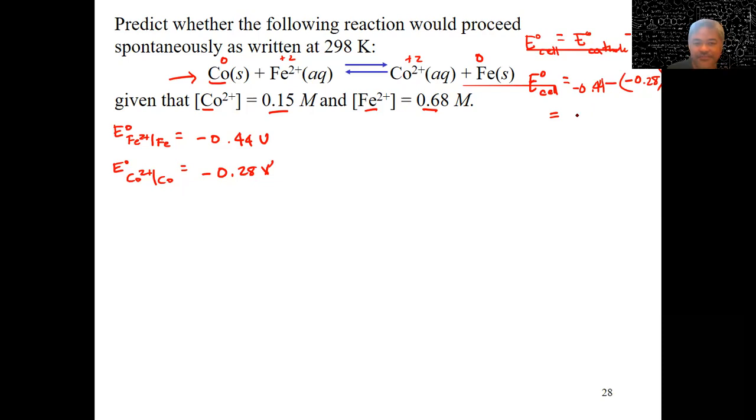Anyone? So this is what I got. Now the next question that I'm going to ask you, will this reaction happen spontaneously at standard concentration? Ano yung sagot nyo?